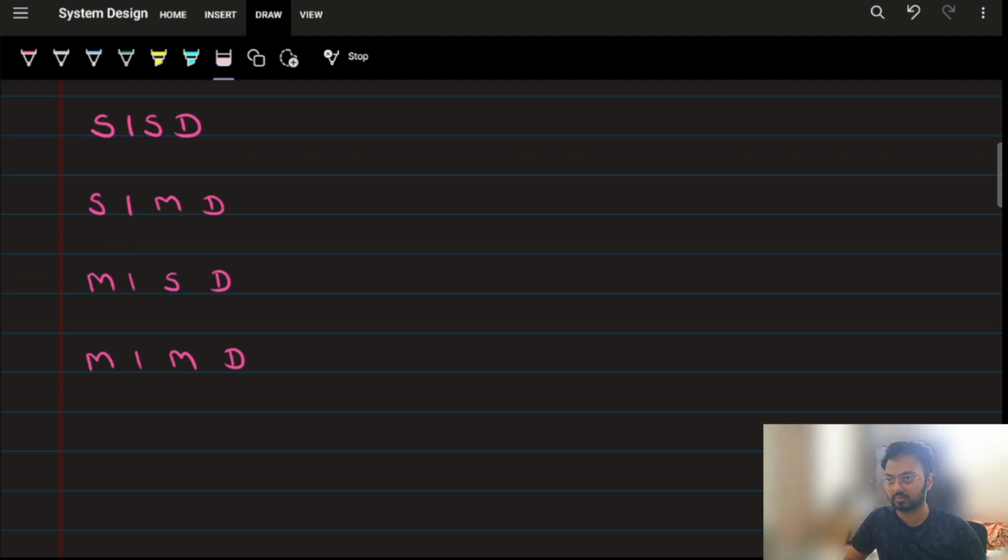The first one is SISD, which is nothing but a single instruction, single data. You have only one instruction to execute and one data source.